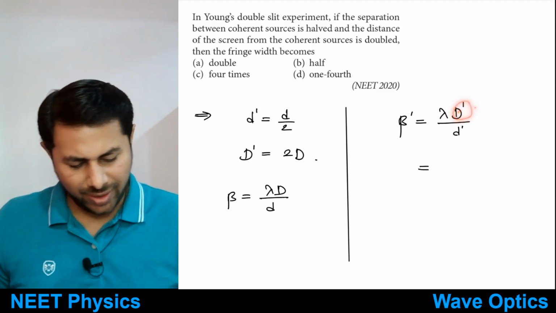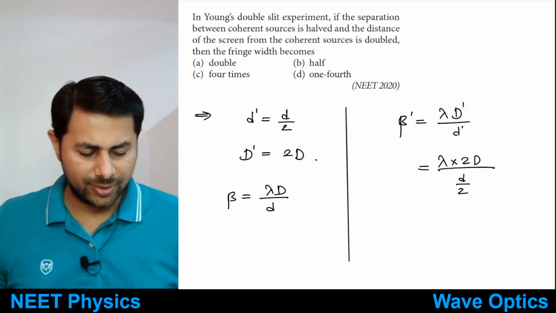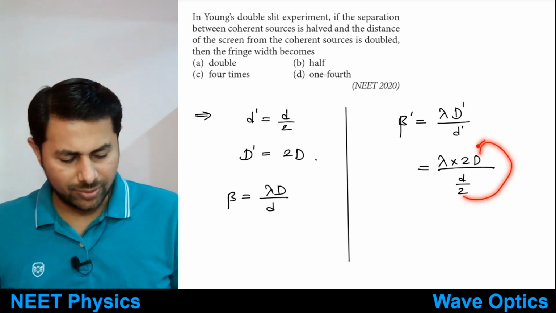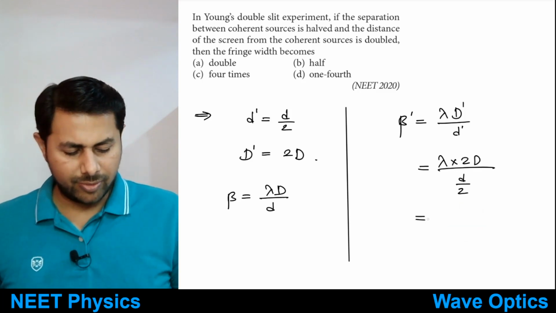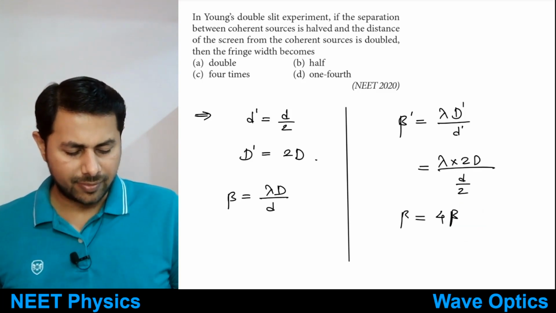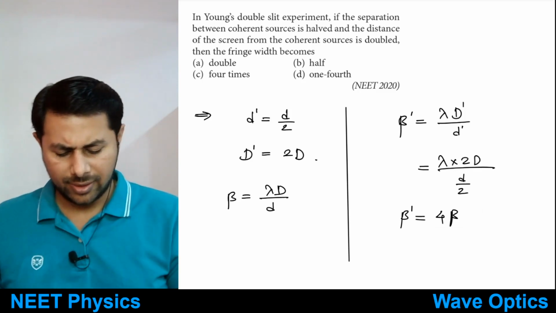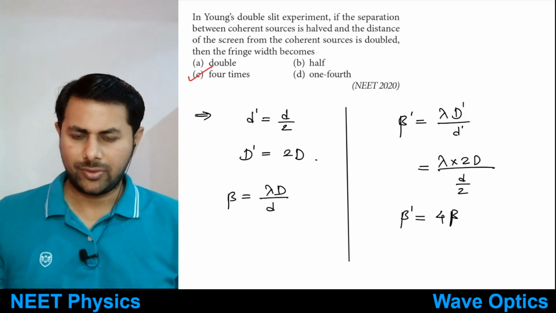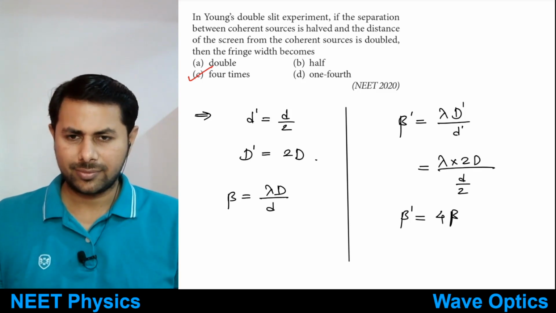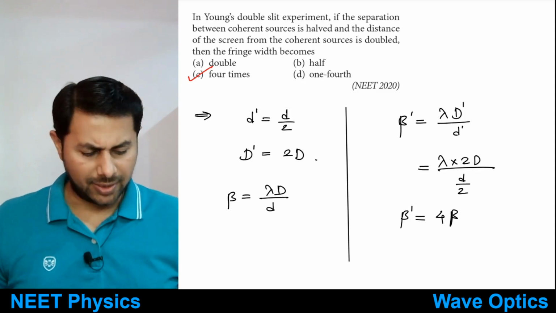So this is 2D divided by d by 2, and then move that 2 to the numerator. So it becomes 4 times lambda capital D by d, that is 4 times the original beta. Beta prime is 4 times the original beta. So that's very simple. This is clear, right? Good.